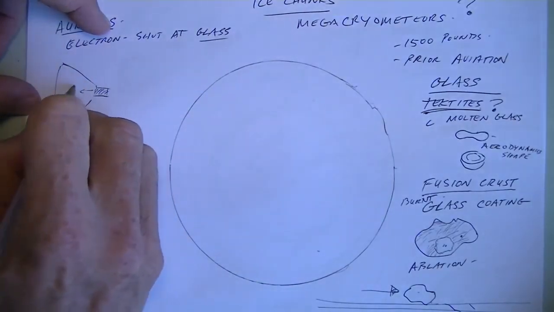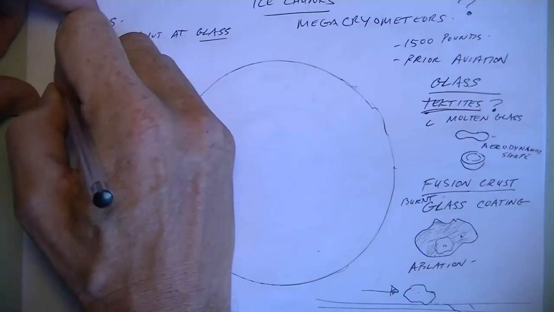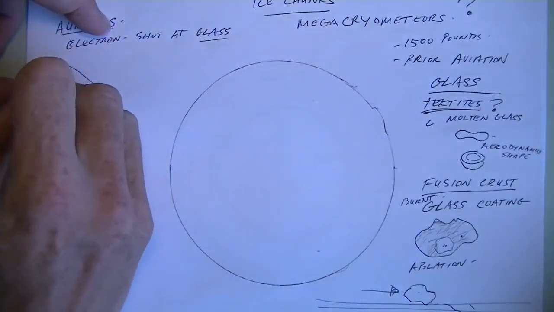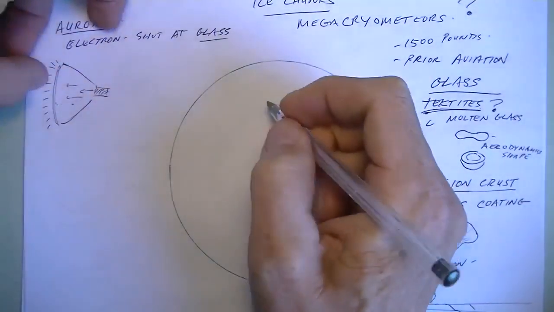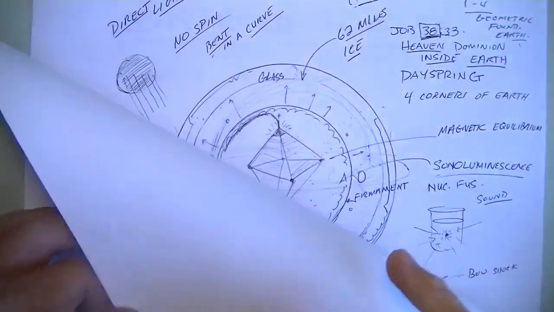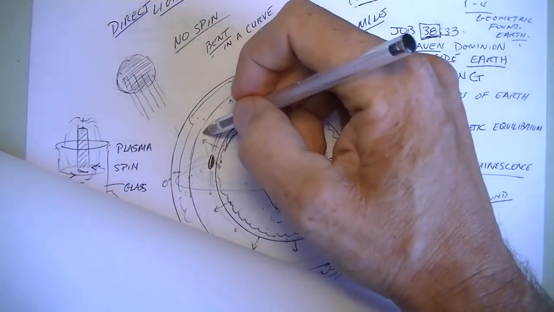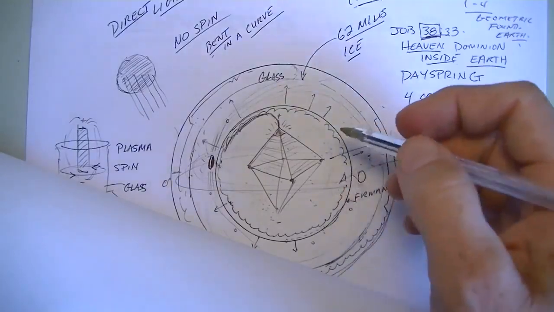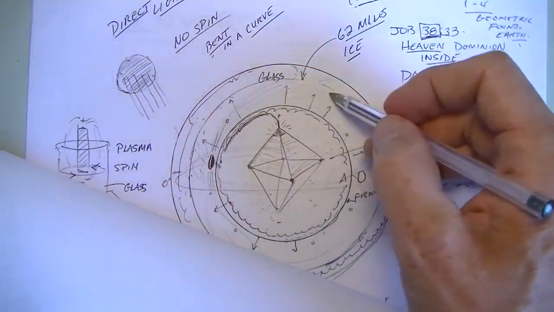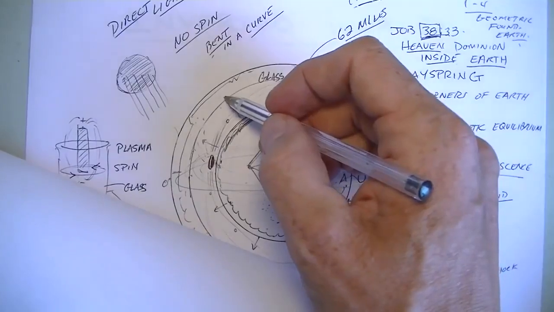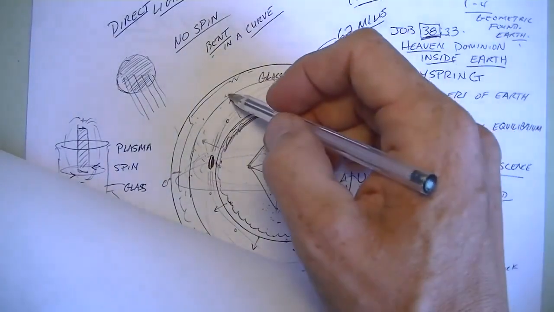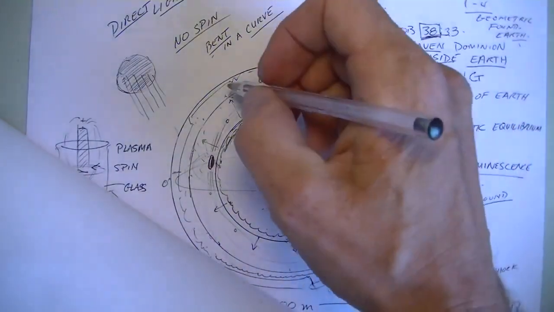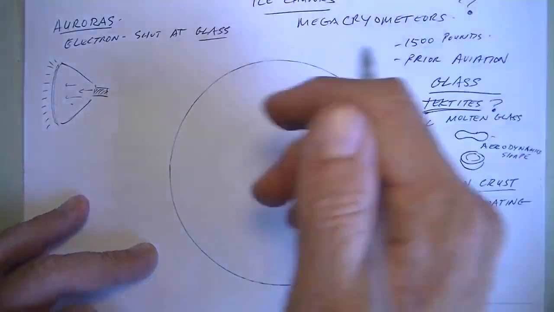And the electron gun is shooting these electrons. And there's phosphorus coated onto this glass here. When the electrons hit the glass, it causes the glow. That's really what's happening here, basically. The sun is shooting the electrons and it's hitting the glass. And at the higher latitudes, it's creating the glow. You see the glow there. I'm not really sure why it's happening at the higher latitudinal regions, but maybe you guys can tell me that.